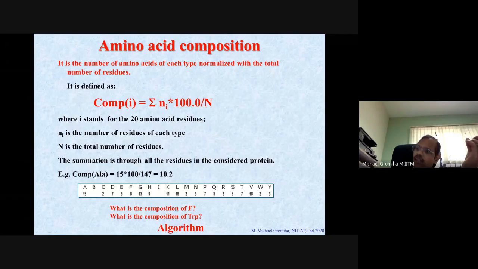Now what is the composition of phenylalanine? What is the composition of F? 8 divided by 147. So what is the composition of tryptophan?